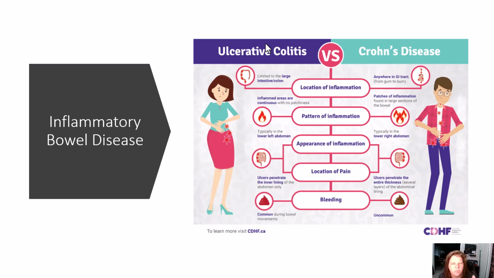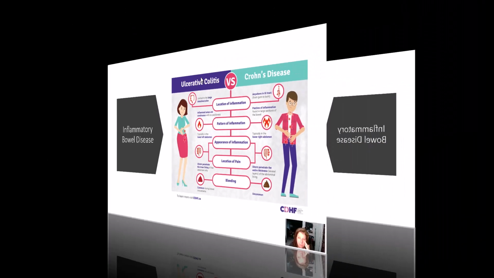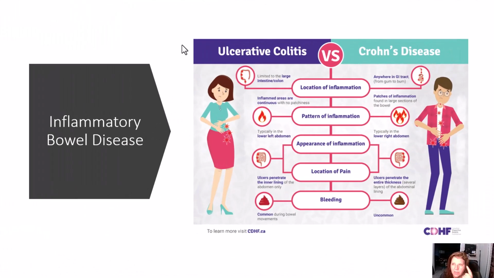Whereas the other is very superficial. Both cause inflammation, however. Bleeding is more likely in ulcerative colitis. The other thing is that Crohn's and ulcerative colitis both have a high risk of cancer, but ulcerative colitis is a much higher risk for cancer than Crohn's disease.